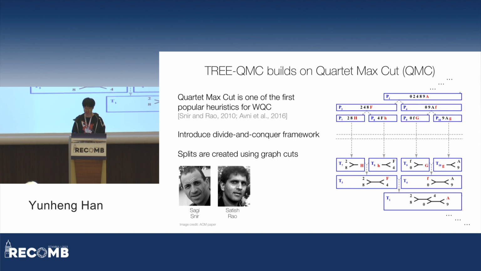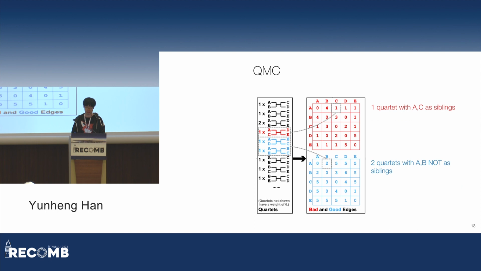Note that a concept of artificial taxa is introduced to represent the taxa on the other side of the divide, so that we can merge the trees after solving the subproblems, according to the placement of the artificial taxa, to get the final solution to the current problem. So artificial taxa are essential to the QMC framework.